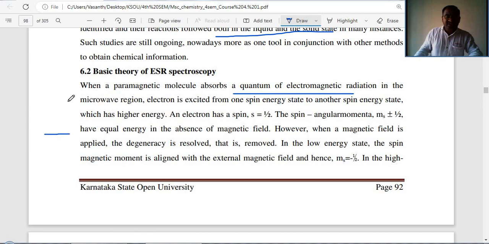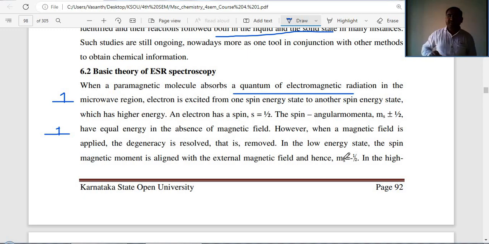This is lower energy, this is higher energy. Generally, the electron is in the lower energy state. Once it gains energy, it becomes the higher energy state.